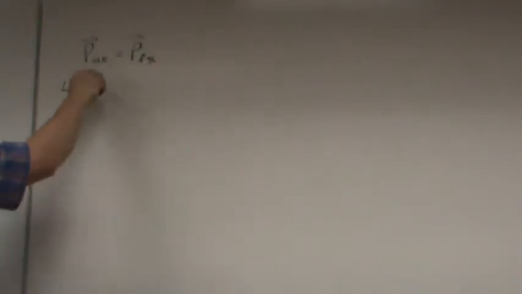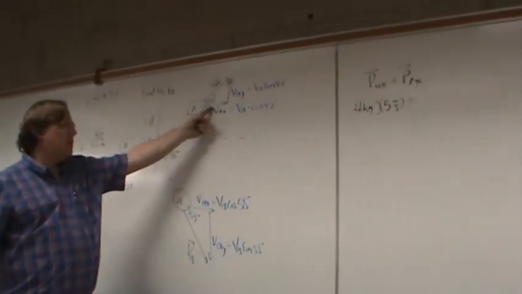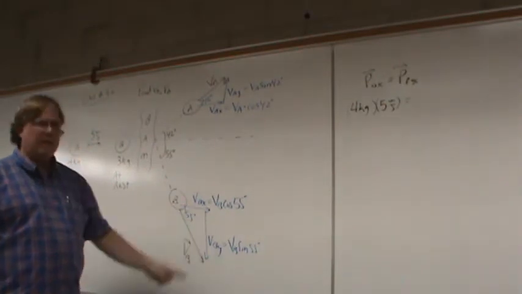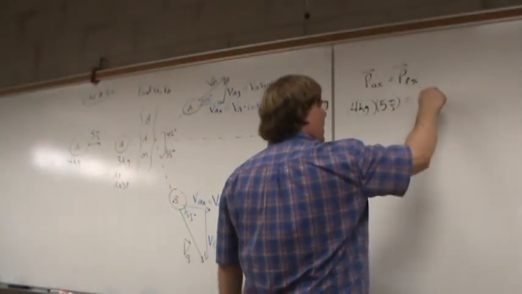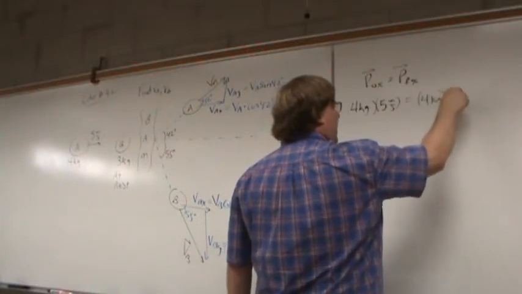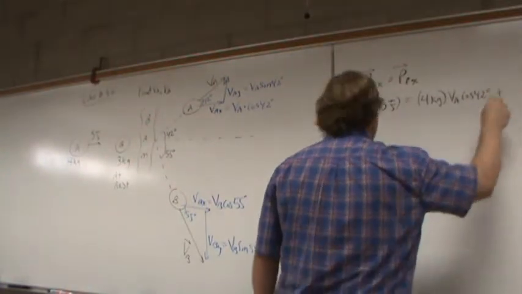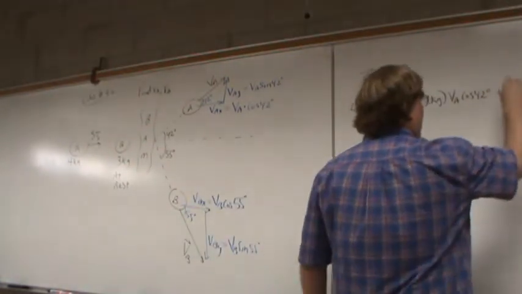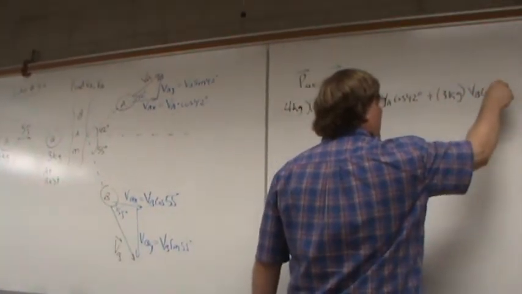This guy's making no contribution to the momentum. So I got 4 kilograms times 5 meters per second. The final momentum in the x direction, I got this guy going at this speed, and I got this guy going at that speed. So I'm going to have 4 kilograms going at a speed VA cosine 42, plus this guy, which is 3 kilograms, going at VB cosine of 55 degrees.